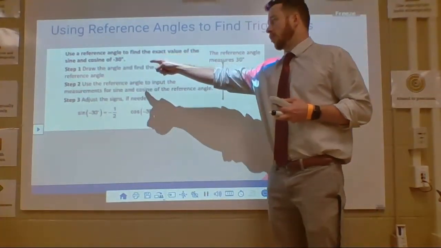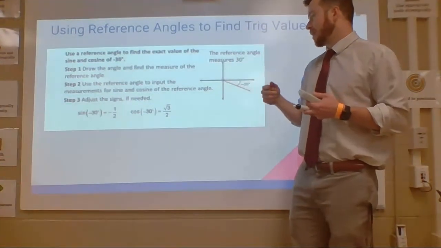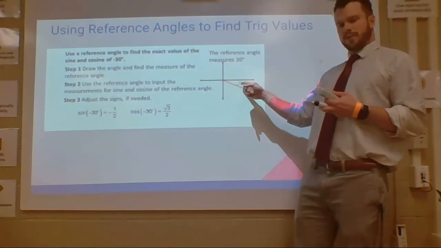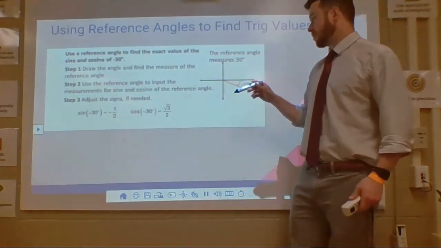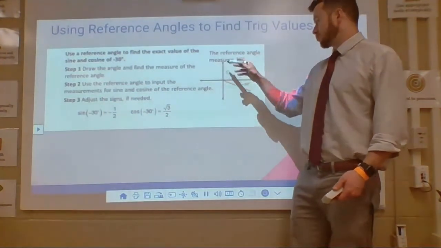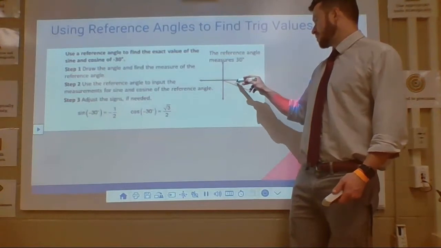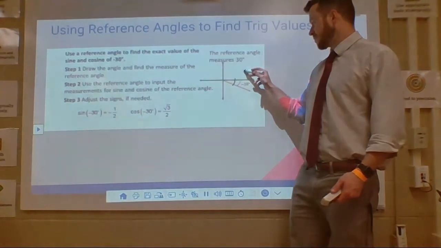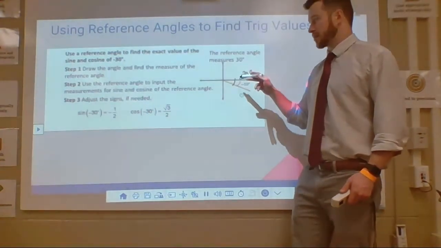First, we're going to draw the angle and find the measure of the reference angle. For a negative 30 degree angle, you're going to draw the angle, and then you're going to determine the reference angle. Remember, the reference angle is the distance from the x-axis. The reference angle is going to be positive 30 degrees. It's 30 degrees away from the side of the x-axis that it's closest to.